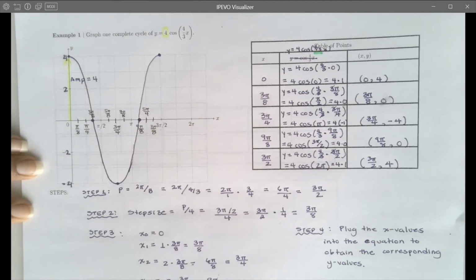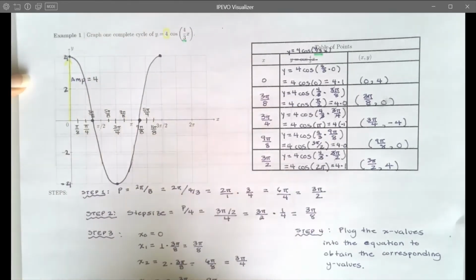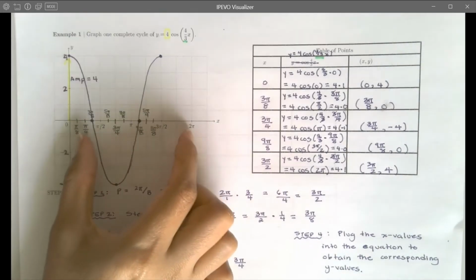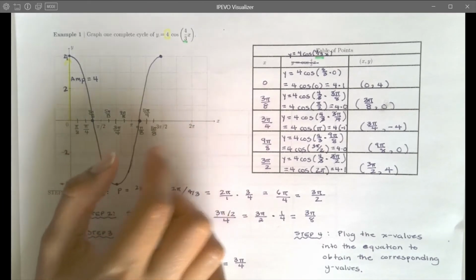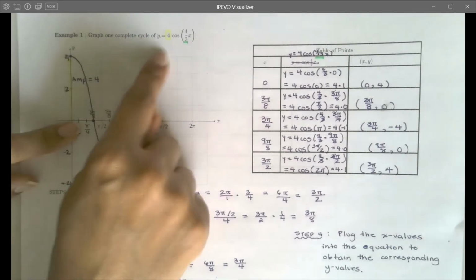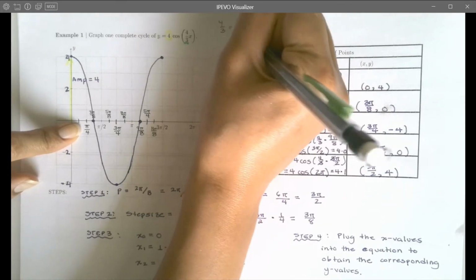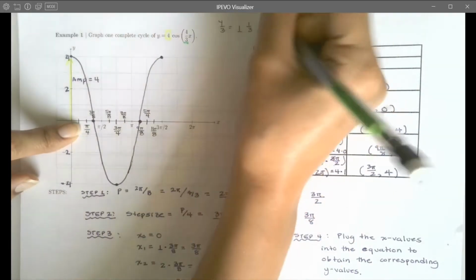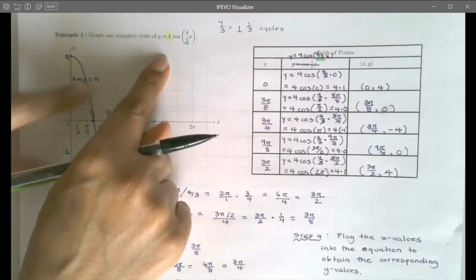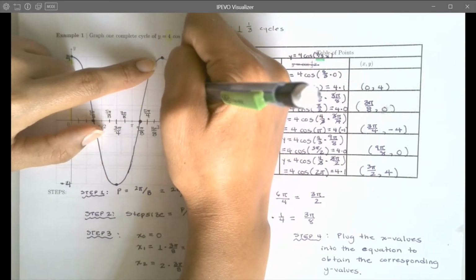Now the 4/3 is dictating what the period is going to be. And this is telling us that in 2 pi radians, we're going to see 4/3 of a cycle. So what that means is we're going to see 1 full cycle plus 1/3 more, because 4/3 is the same thing as 1 1/3, right? So that means that in 2 pi radians, we should see 1 full cycle, and if we continue the graph, we're going to see a third of another one.